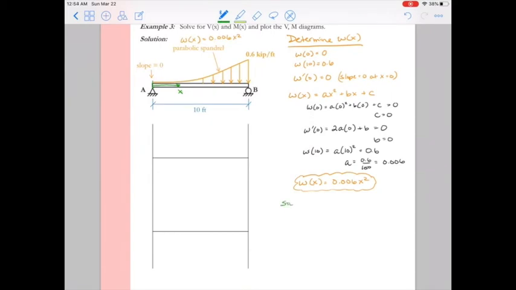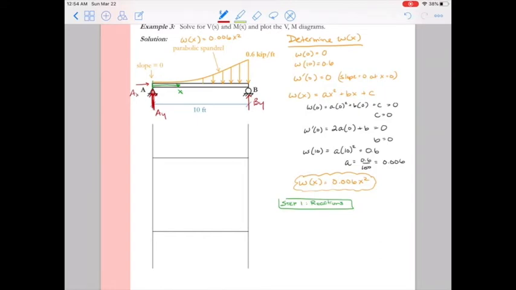If we take a look at our procedure, we need to compute the reactions if necessary. That was step number 1. I would argue in this case we don't necessarily even need to calculate these reactions. From statics class, we would struggle to figure out how to calculate these reactions.